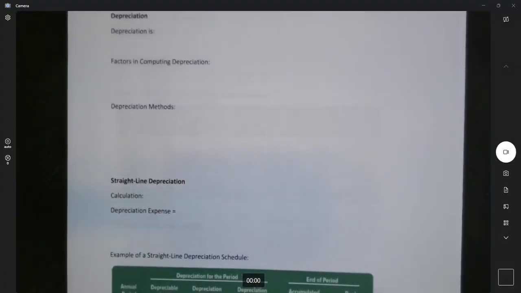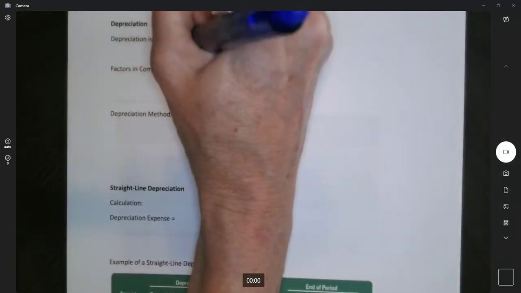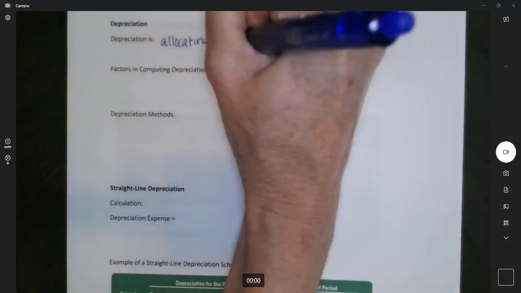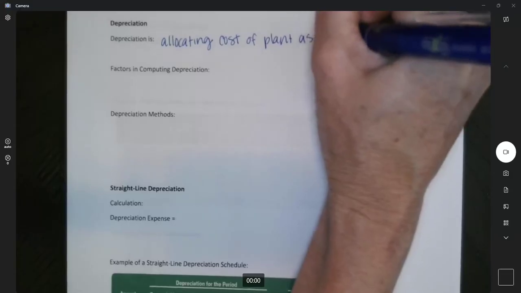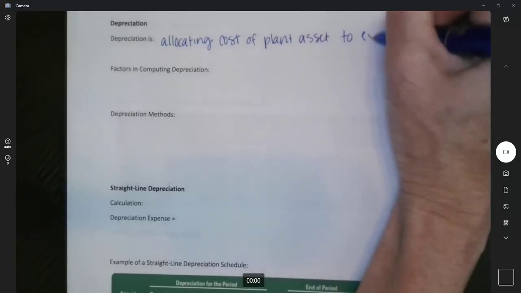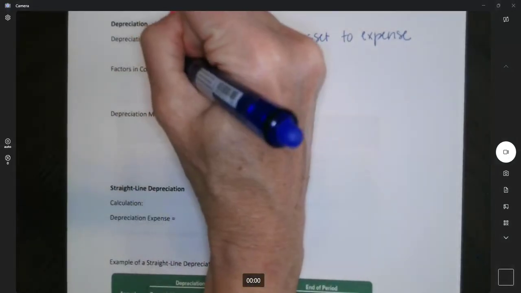Next up, we're going to take a look at depreciation. Depreciation is the process of allocating that cost of the plant asset to expense over the accounting periods benefiting from the use.